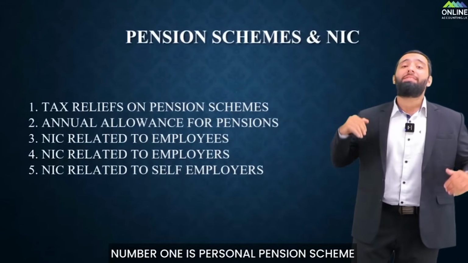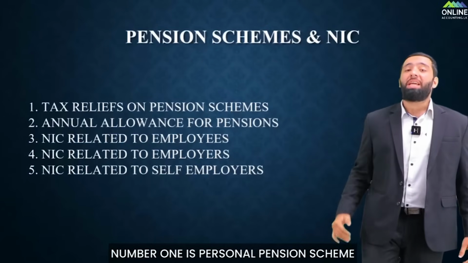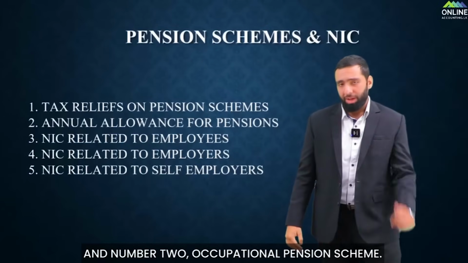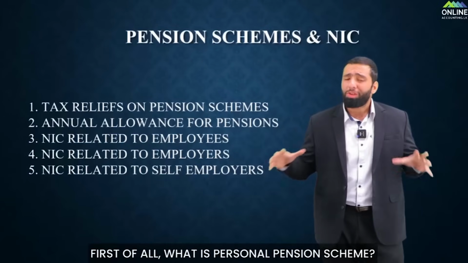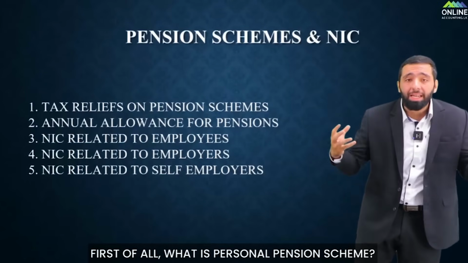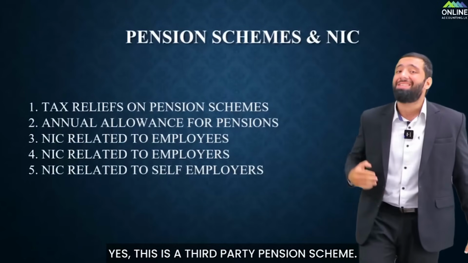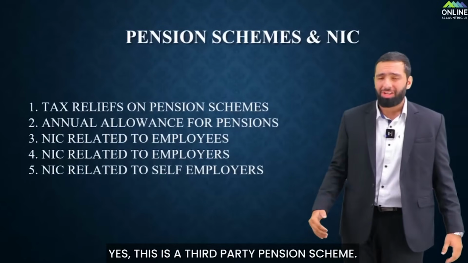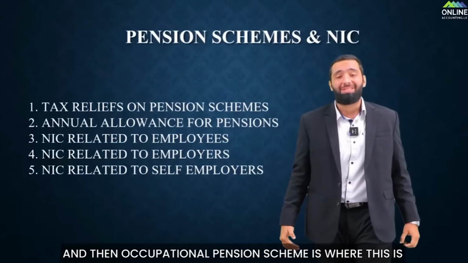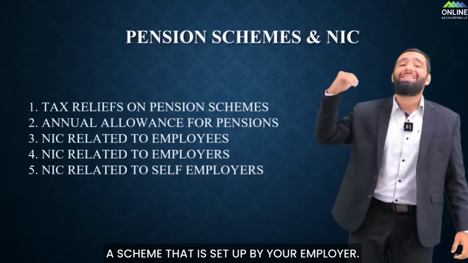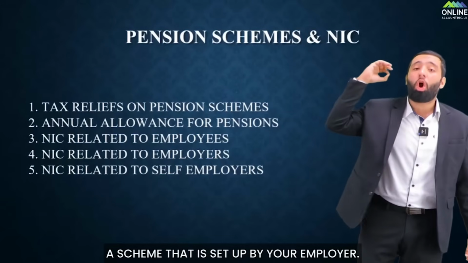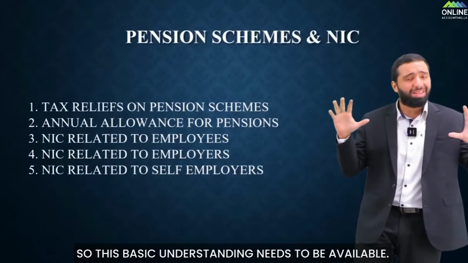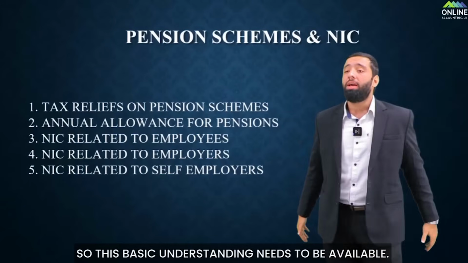Number one is personal pension scheme, and number 2, occupational pension scheme. First of all, what is a personal pension scheme? Yes, this is a third party pension scheme. And then an occupational pension scheme is a scheme that is set up by your employer. So this basic understanding needs to be available.